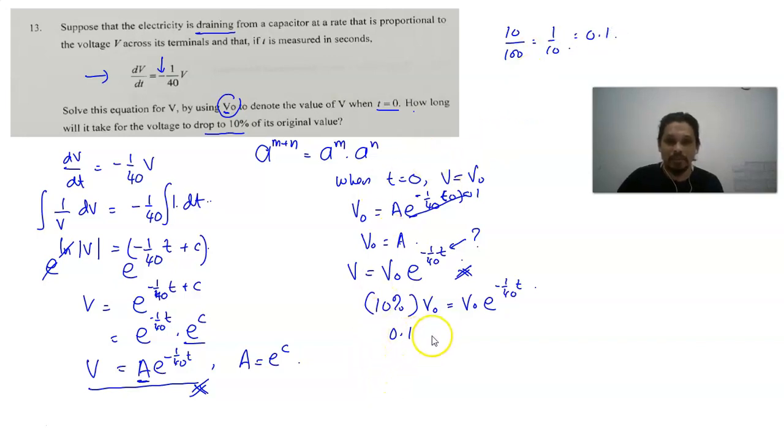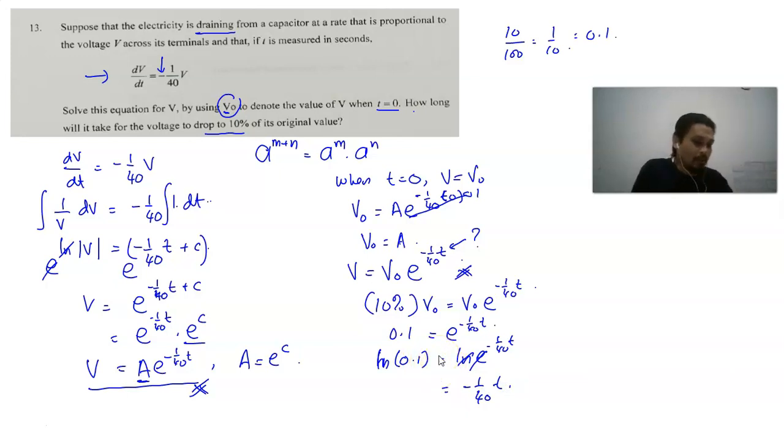So 0.1 equals e power of negative 1 over 40t. To eliminate this constant e, take the natural log of 0.1 on the left and the natural log of e power of negative 1 over 40t. Then it is negative 1 over 40t.